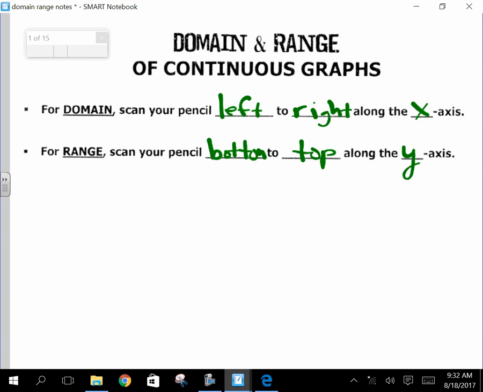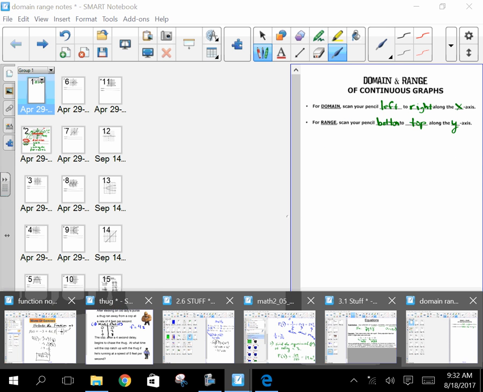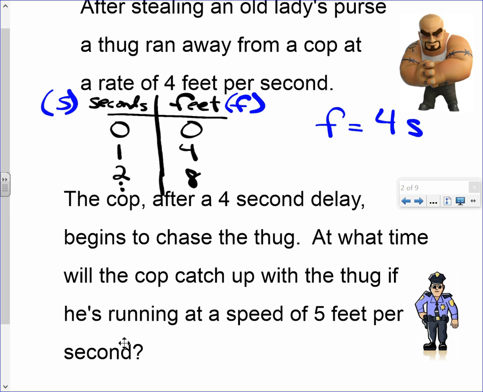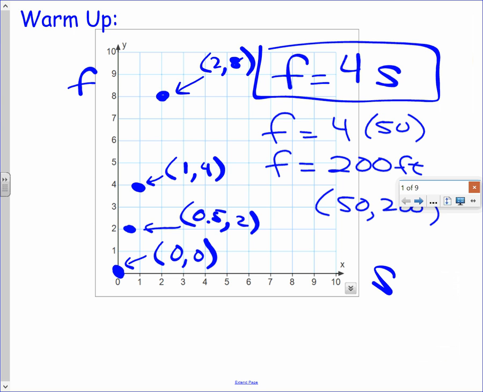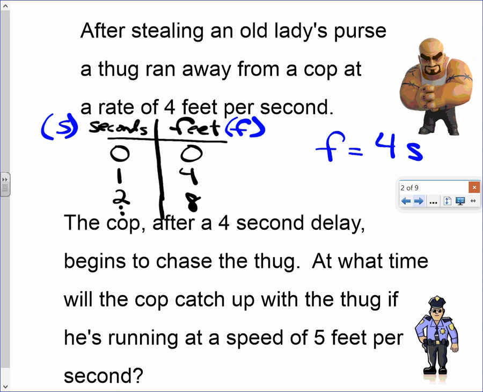Now, think back on our thug example. Last week, here's the function for our thug, F equals 4s.